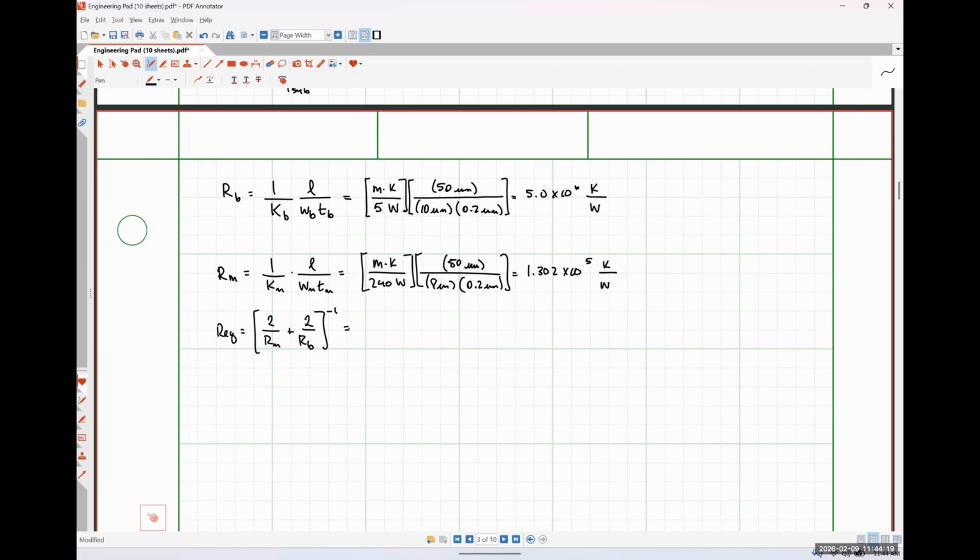Throwing this in my calculator, plus 2 over 1.302 times 10 to the 5, to the -1.